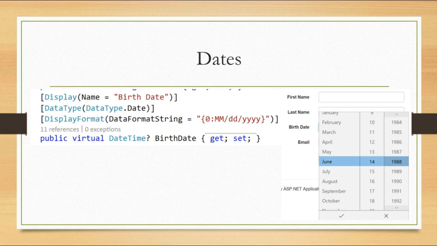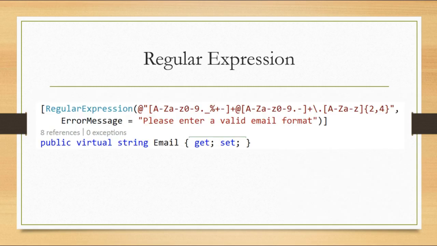Let's look at email. One of the things we want to do with email is make sure they enter what appears to be, at least format-wise, a valid email. And the only way to make sure it is truly a valid email is, of course, to send them an email and have them verify it, which you have probably seen dozens of times. Now, this is some gibberish up here.